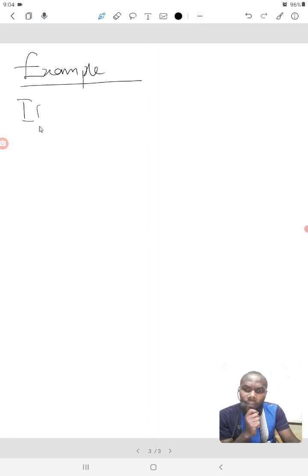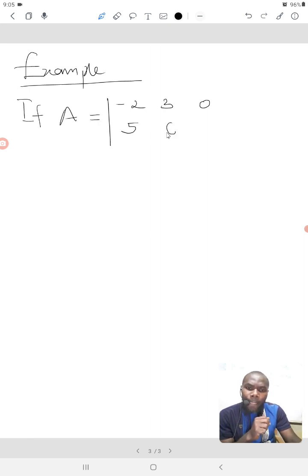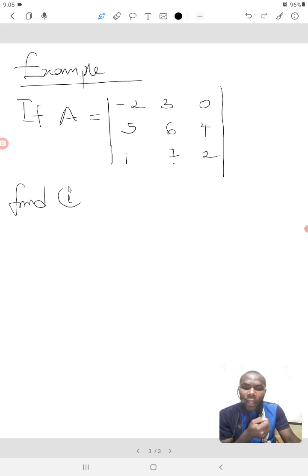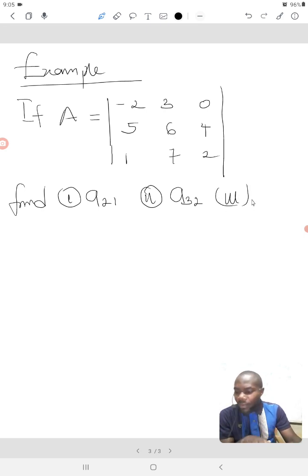If A is equal to -2, 3, 0, 5, 6, 4, 1, 7, 2, they now say that I should find A row 1 column 2, and A row 3 column 2. So we find 3 for the first one.